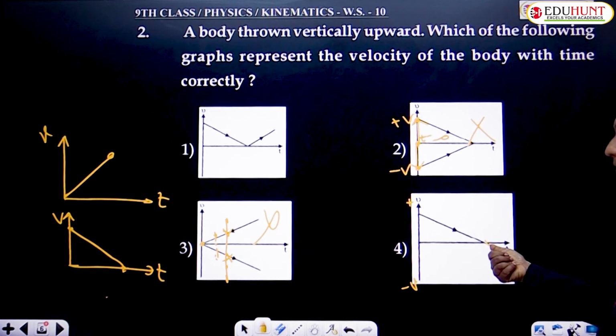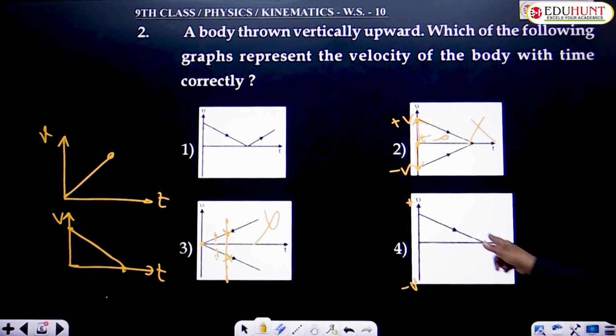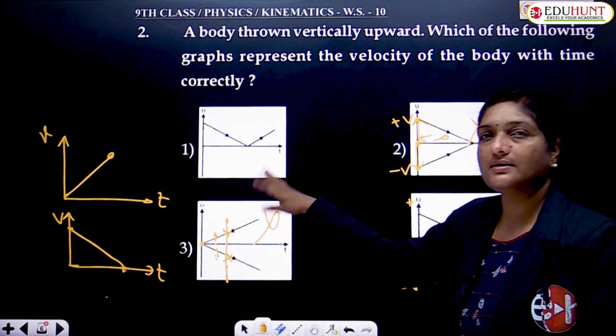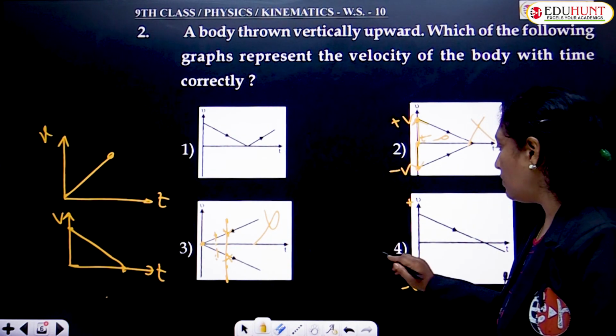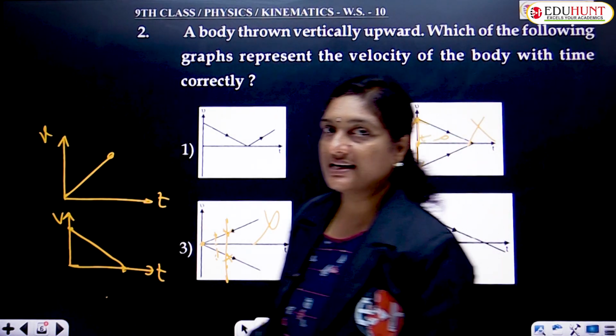Earlier it is moving in the positive direction. Upward motion is taken as the positive direction. Downward motion, if you consider, is the opposite direction, the negative direction. Then which graph is true? This is the appropriate graph because the direction also changes. Suppose there are cases where no direction changes, then you can opt for this figure. So the only correct answer is the fourth option because its direction changes.